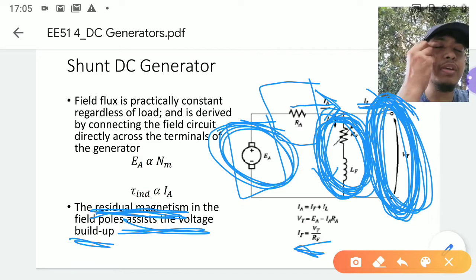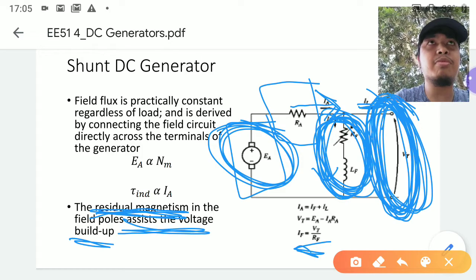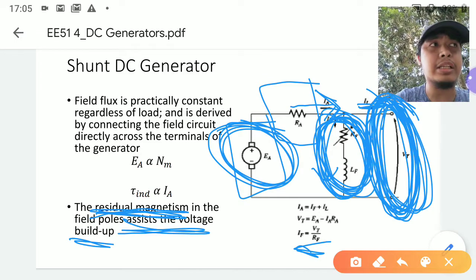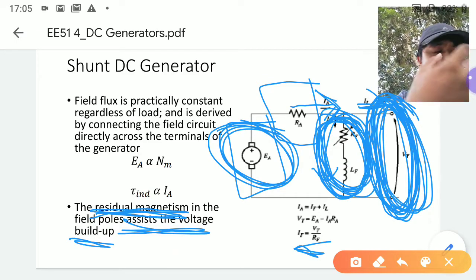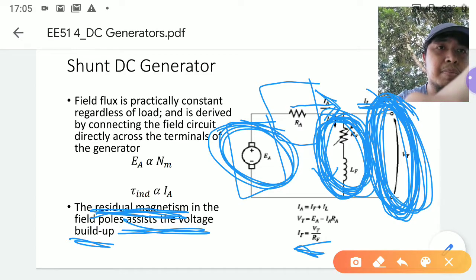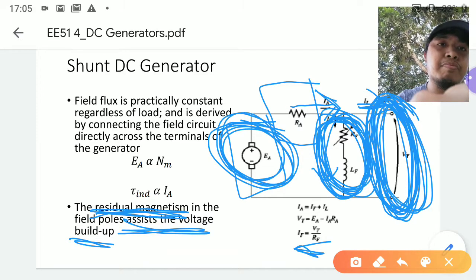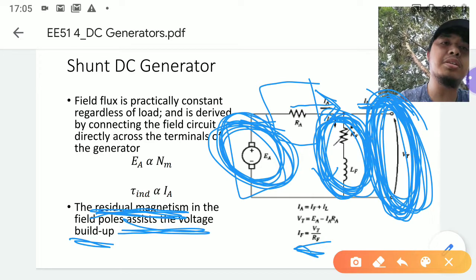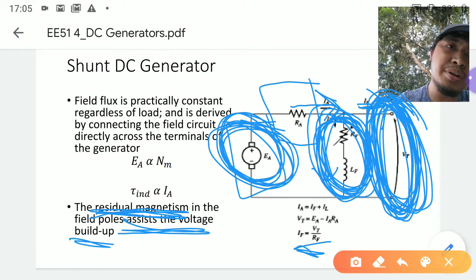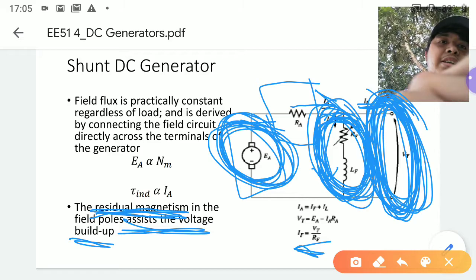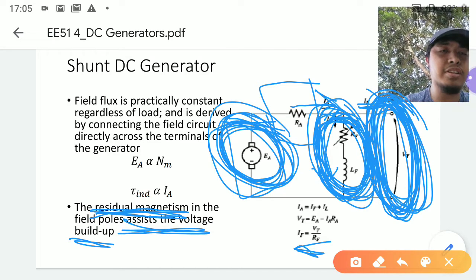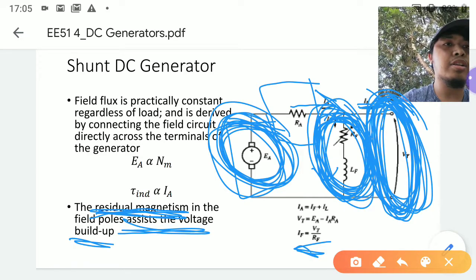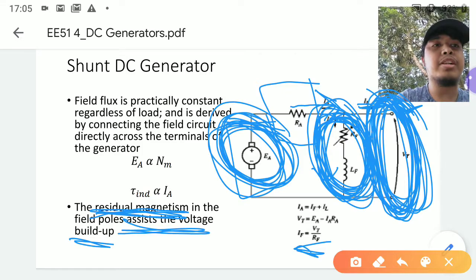Now that magnetic field will have a residual magnetism from the previous voltage, therefore it is quite stronger, then you'll build up a bit more voltage here, producing a bit more magnetic field here, producing a bit more voltage here, and so on and so forth until you reach a steady state value of the nominal voltage of the terminals of the DC generator.